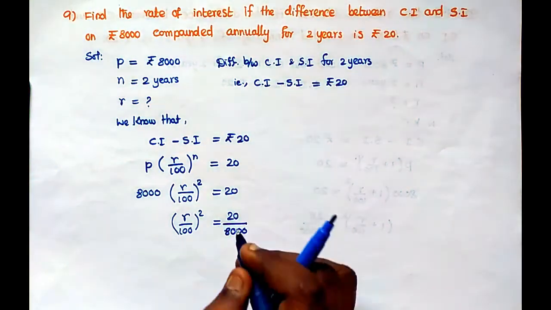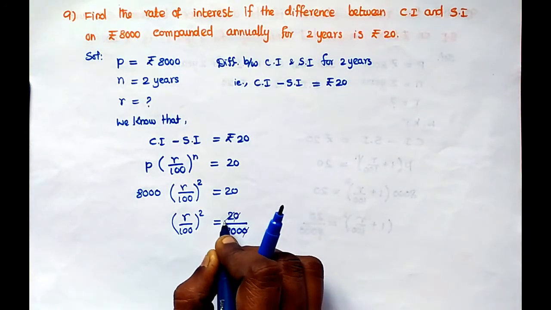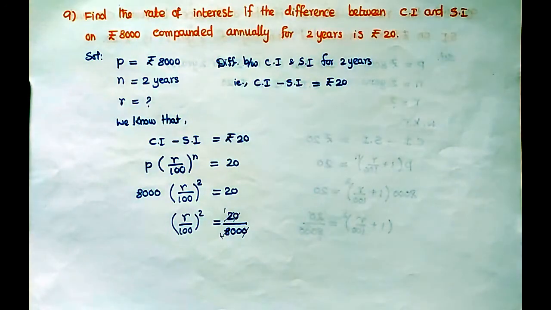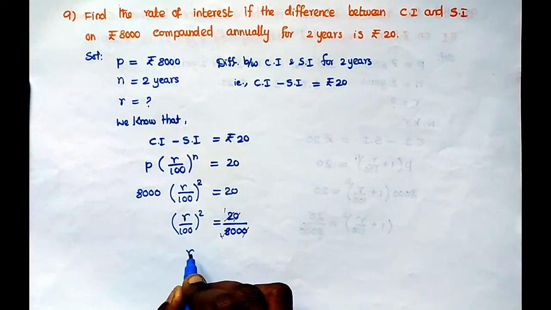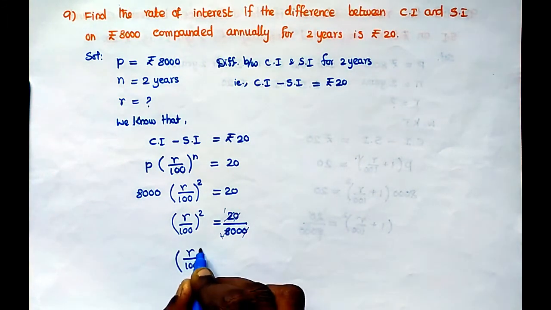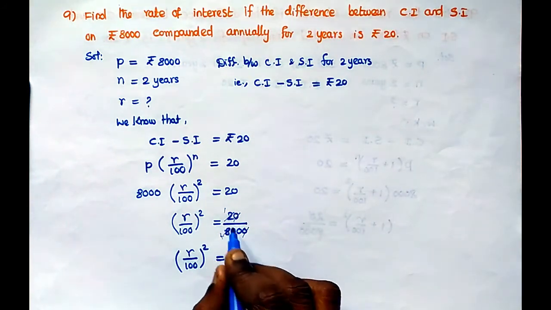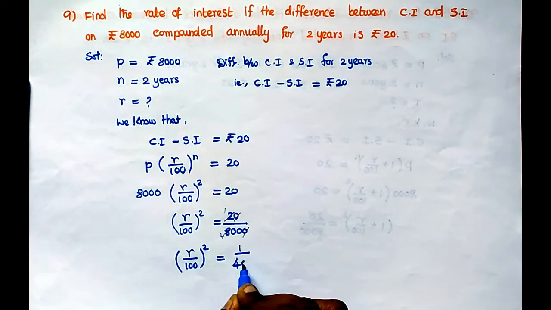Now the cancellation: 100 cancelled, 1 2 is 2, 4 2s are 8. Now r by 100 power 2 equal to 1 by 400 here.